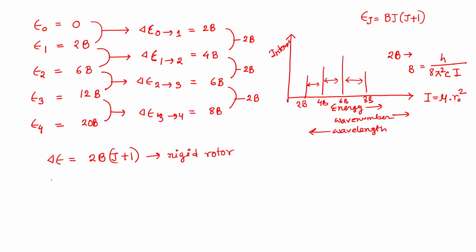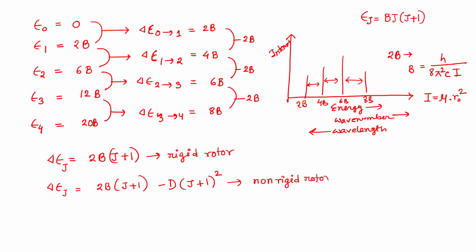Now when it becomes a non-rigid rotor, please correct me if I am not writing it correctly. It is something like one centrifugal distortion coefficient will come along with (J plus 1) squared. Am I writing it correctly? I do not have that note with me right now.